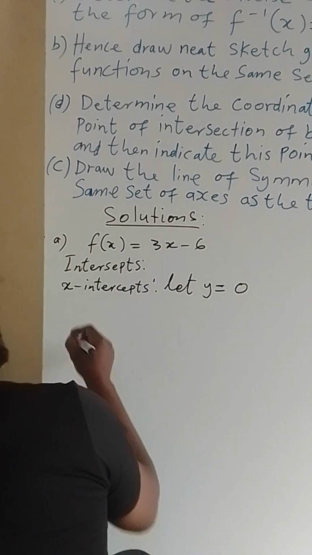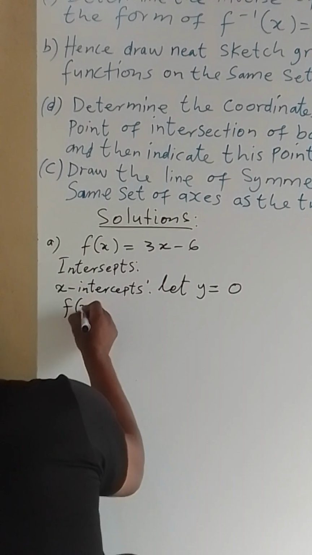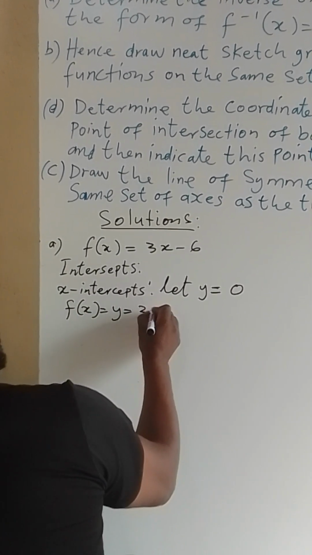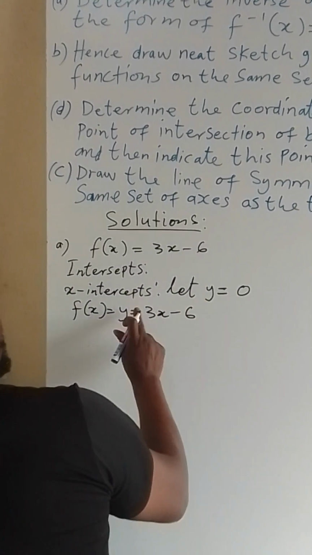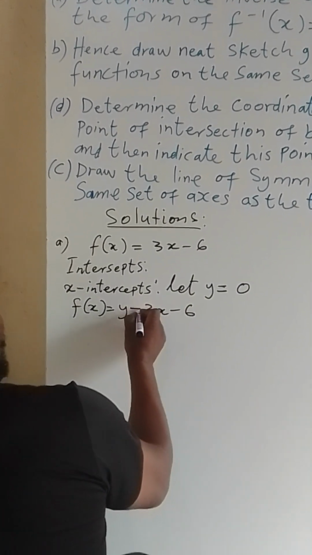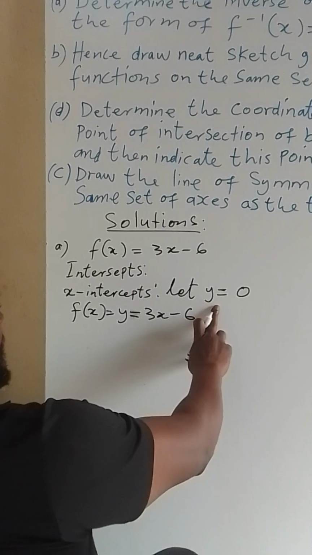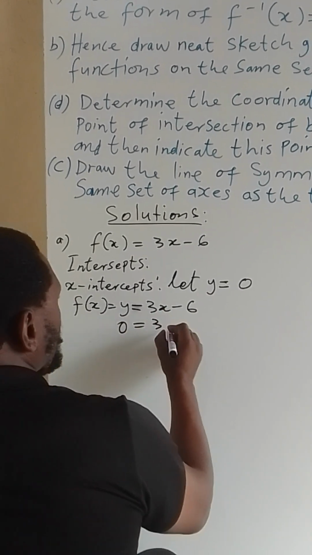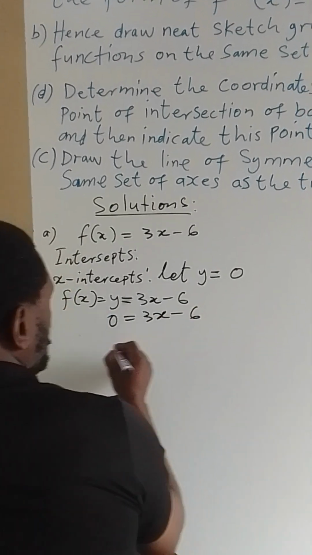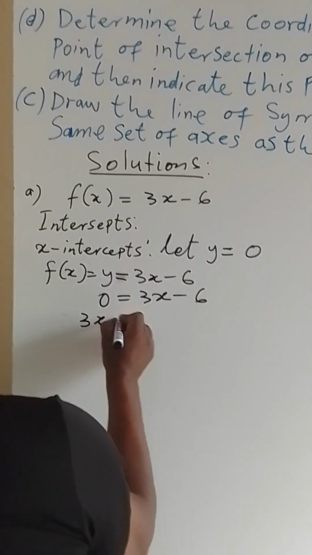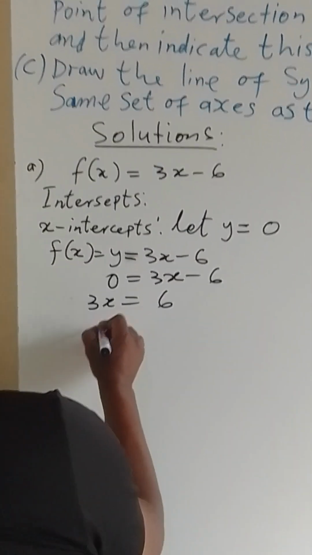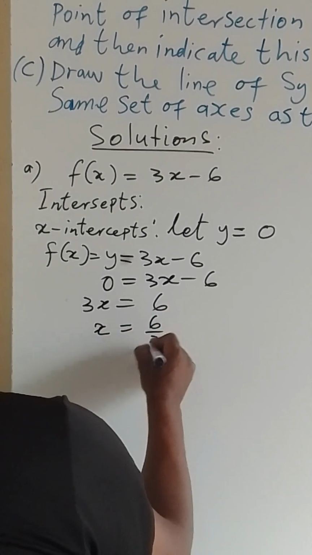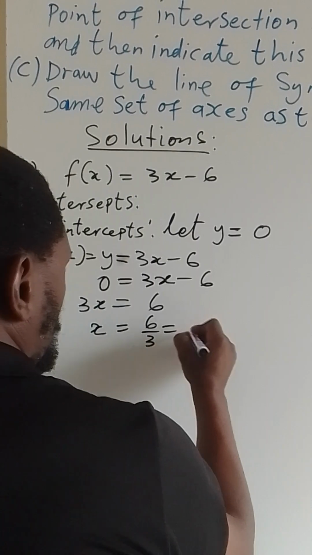Then you grab your f(x), which is y = 3x - 6. When you see your y, you put a 0. So 0 = 3x - 6. Then 3x = 6. x = 6/3, which is 2.